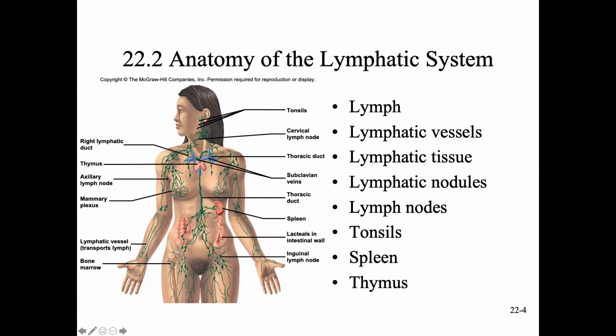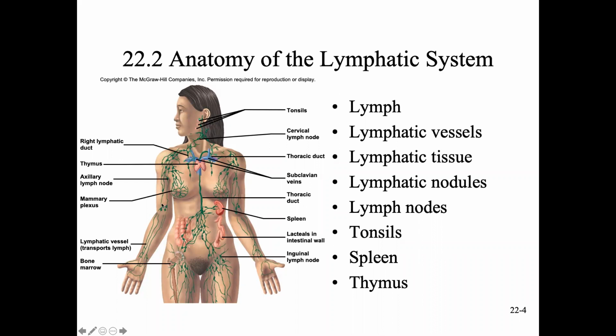How about the rest of the body? Lower limbs, you have lymphatic vessels that drain into the lymph nodes. These lymph nodes allow us to filter that lymphatic fluid. The lymph nodes right here, the clusters here, here, here, allow us to filter the fluid from our limbs.